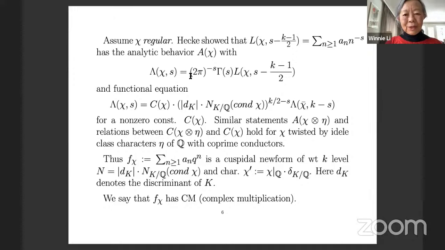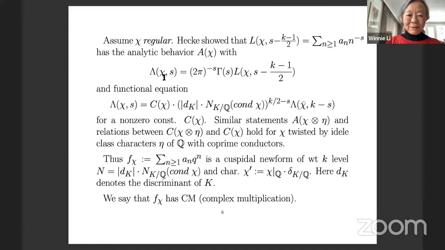The functional equation relates chi to chi bar and s to k minus s. The exponential factor in front is the absolute value of the discriminant of the field times the norm of the conductor, raised to k over 2 minus s, times some non-zero constant.